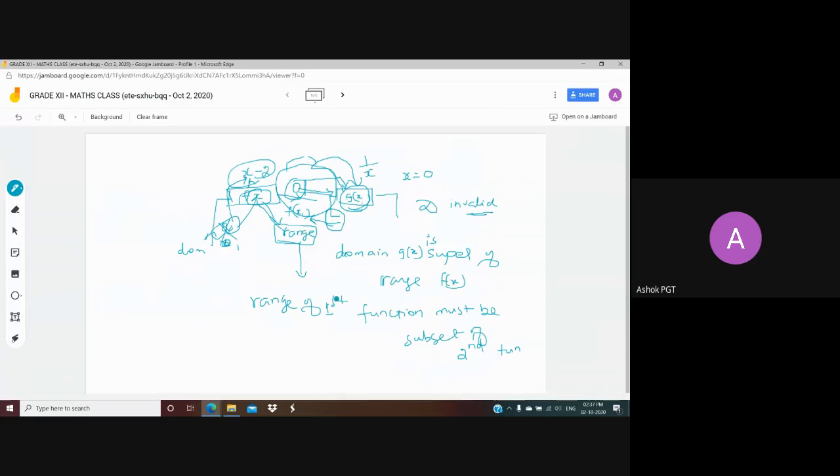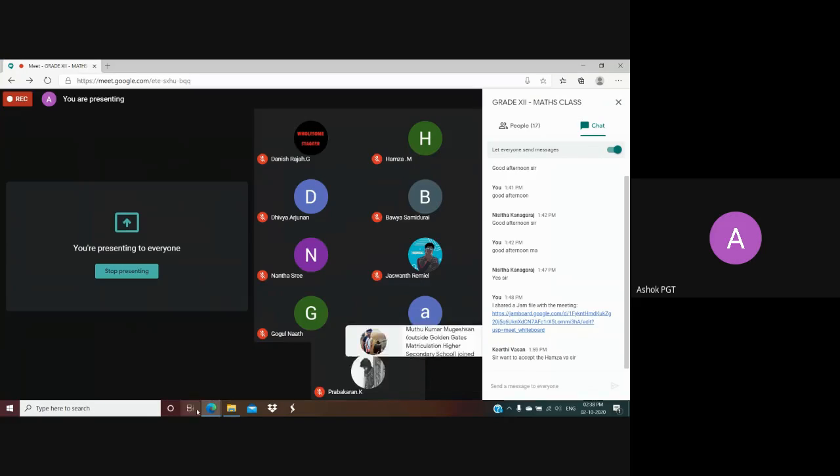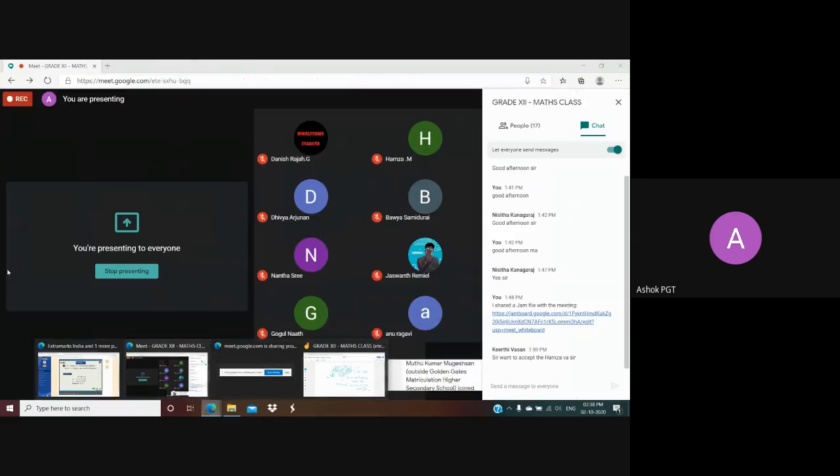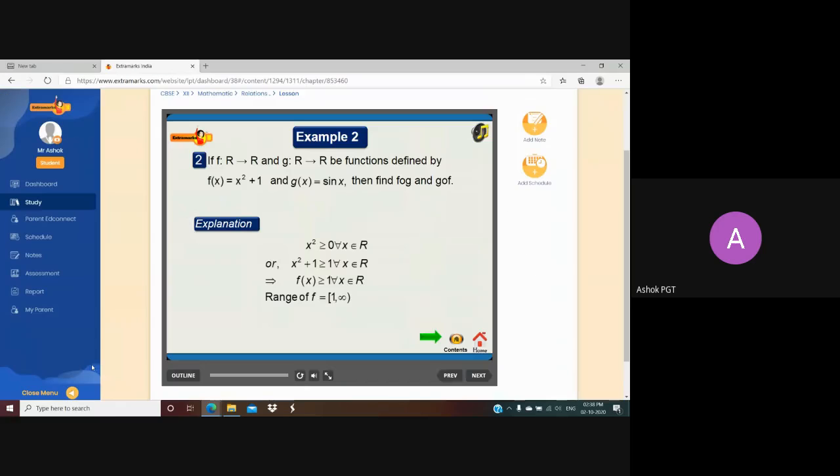Students, so the thing is, the range of the first function should be a subset of the domain of the second function. Okay students, the point was missed in the extra class, otherwise they may say it later. So that is why they have calculated the range of the first function here. Students, do you understand why they calculate the range of the first function? Yes, sir. Right?